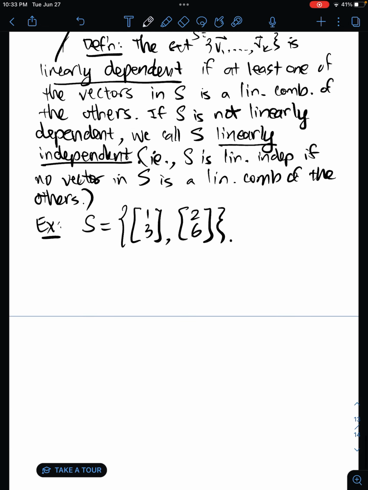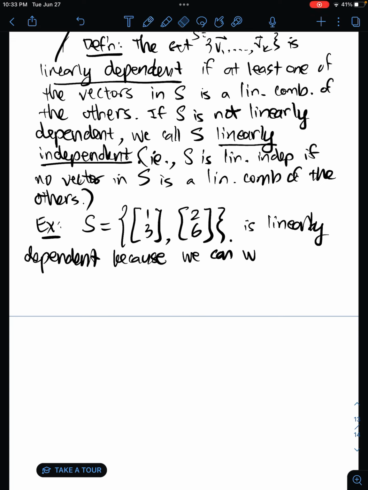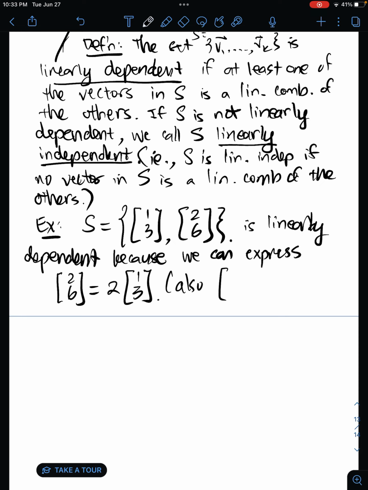Yes. S is linearly dependent because we can express one vector as a linear combination of others. In this case it's either one, but we can express (2, 6) as 2 times (1, 3), and we could also have done (1, 3) is 1/2 of the vector (2, 6).